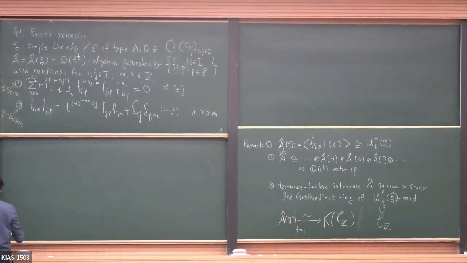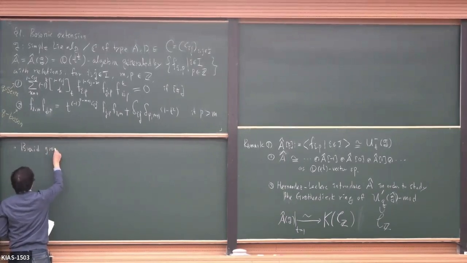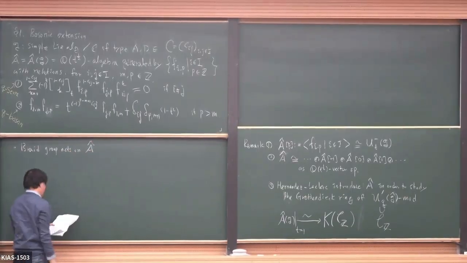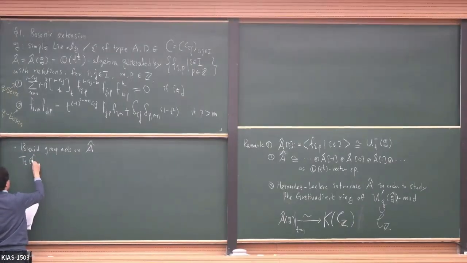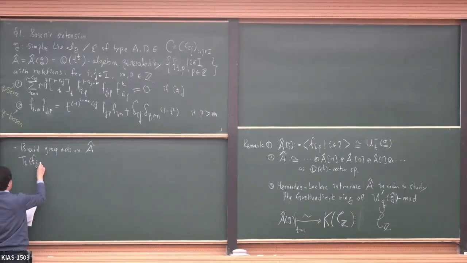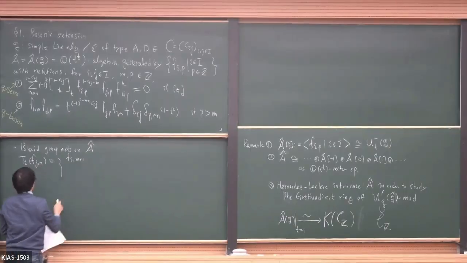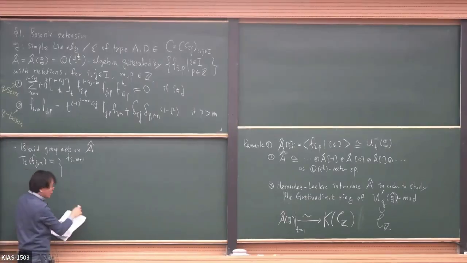To define this one, we need the following: a braid group action on this algebra. So let me give you the definition of the braid group action. I'll define the automorphism T_i on this algebra.